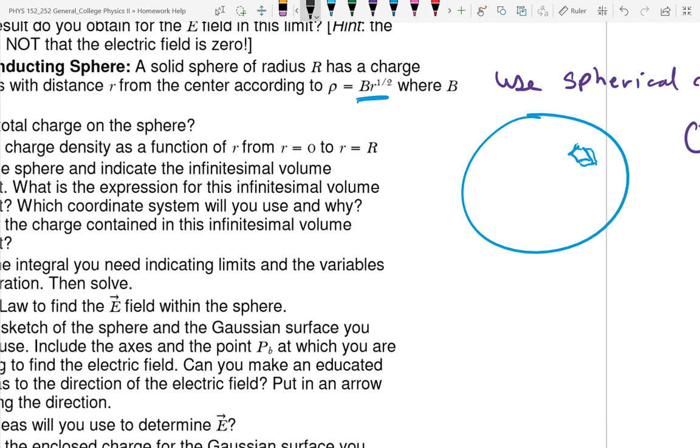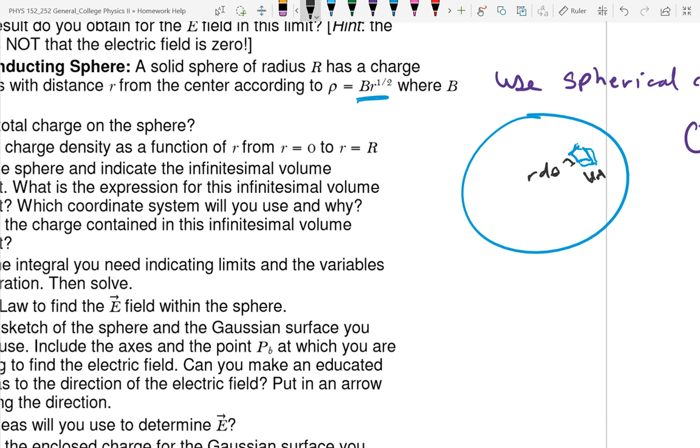So I did that. My infinitesimal volume has dimensions of dr in this direction and d theta in this direction, and the missing direction is actually d theta.